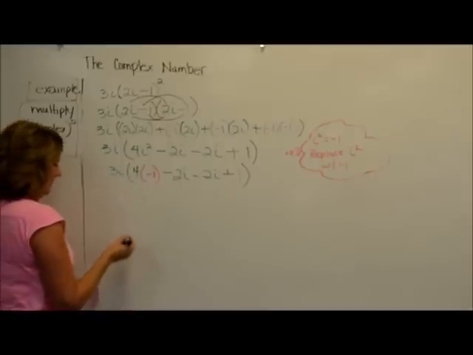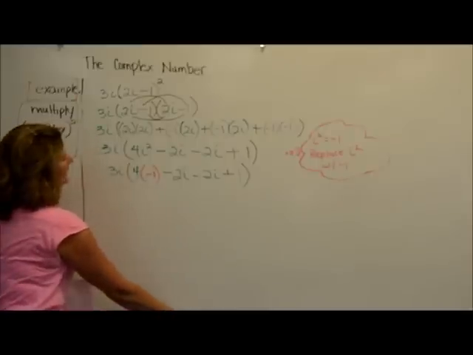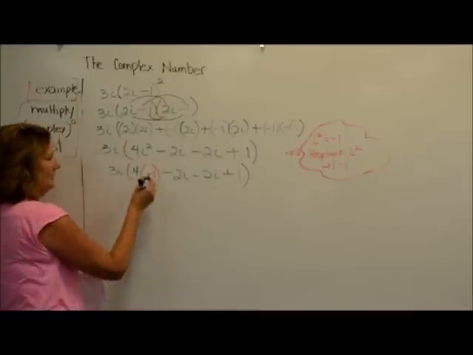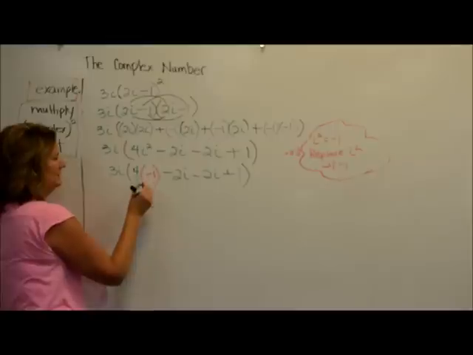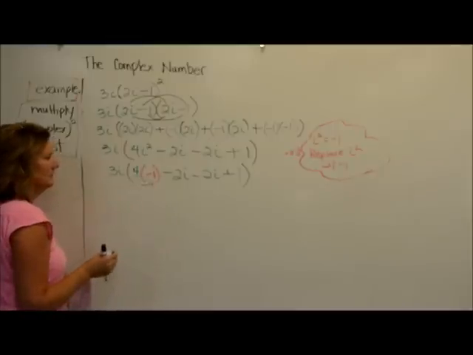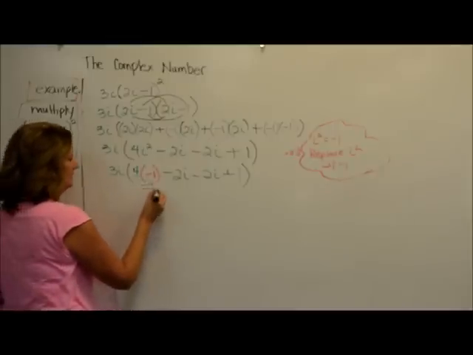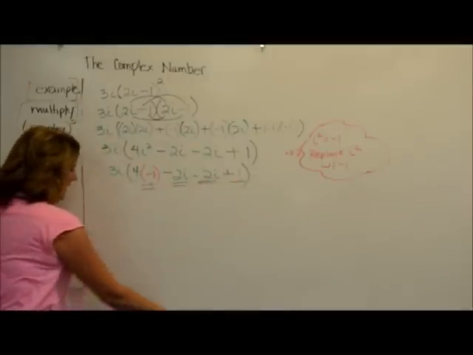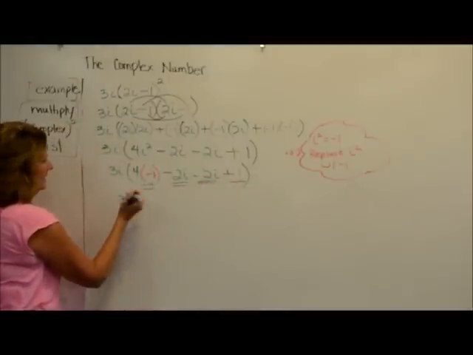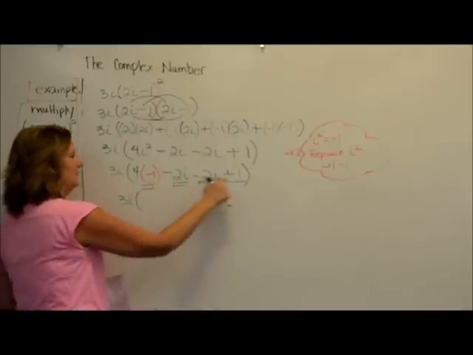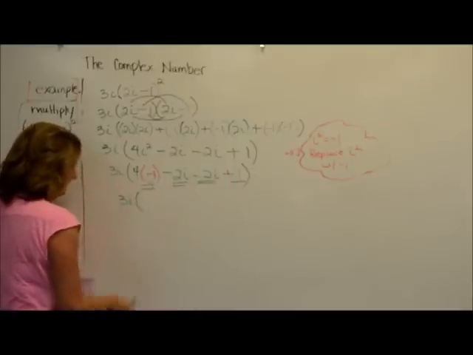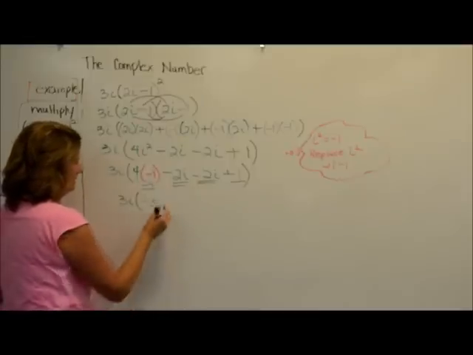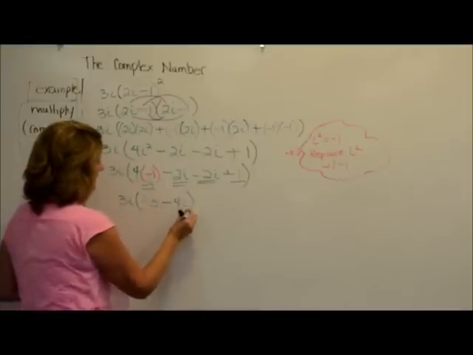And what I'm going to end up with here is a negative 4, but it's going to turn blue, right? My real numbers are in blue, so 4 times negative 1 is now a negative 4. I'm going to combine like terms, so this term and this term are now like, and these two terms are like. What I have is a negative 4 and a plus 1 is going to give me a negative 3. And a negative 2i and a negative 2i is going to give me a negative 4i.